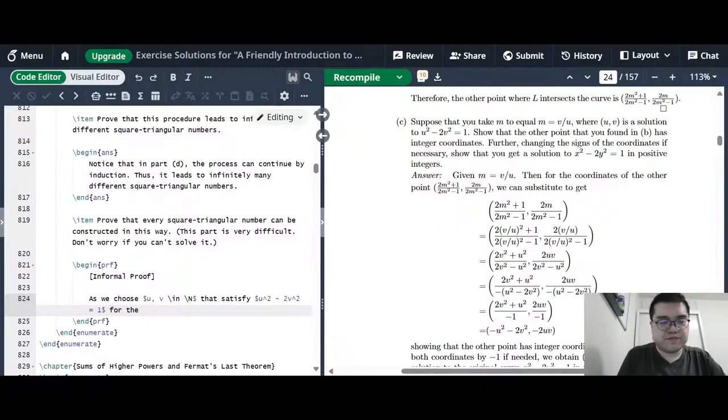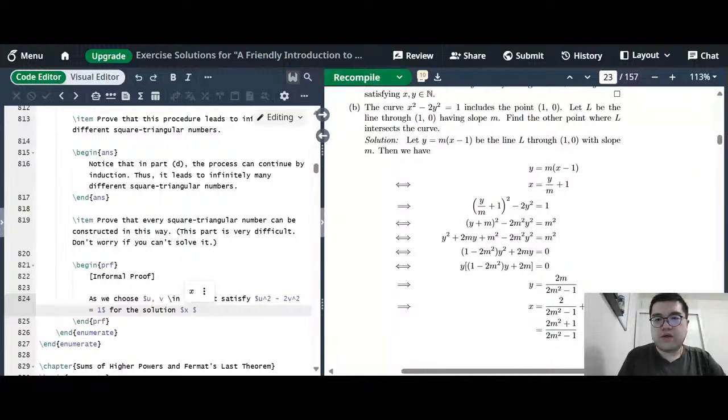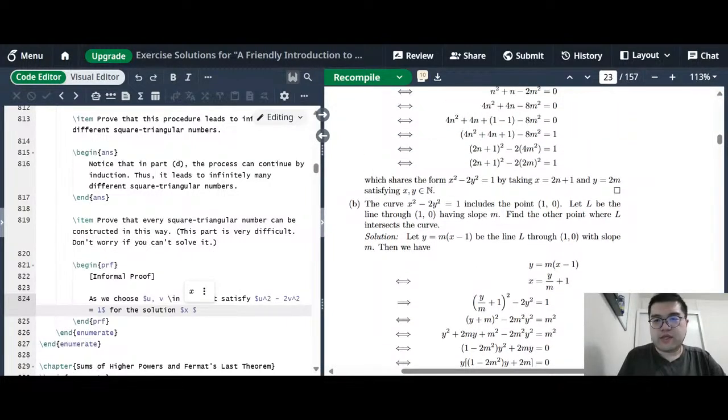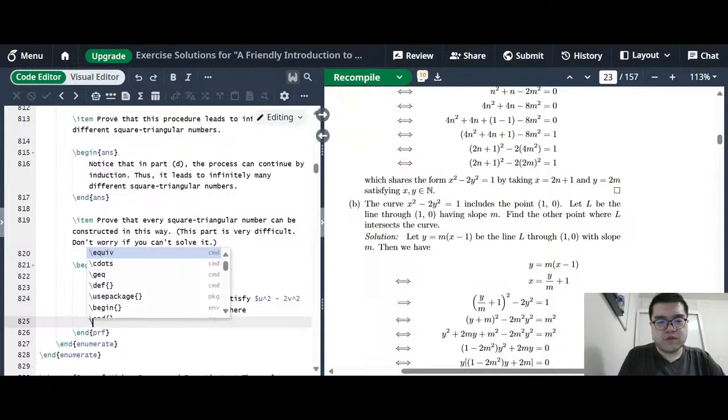For the solution x, what do we want? x is equal to 2n plus 1. 2n plus 1 is equal to x of m, and we're going to start off talking about what m is.